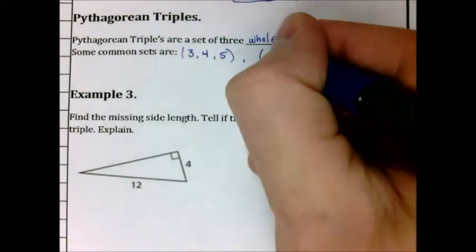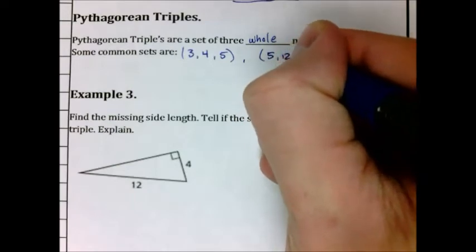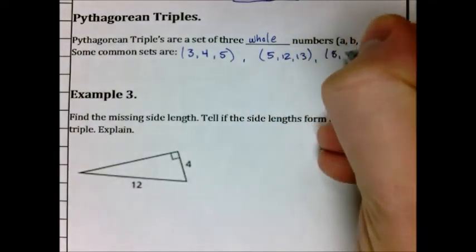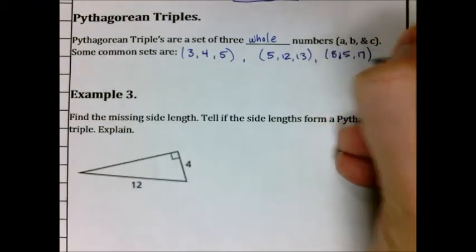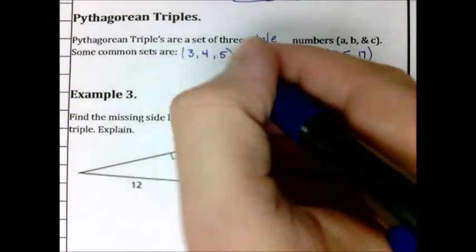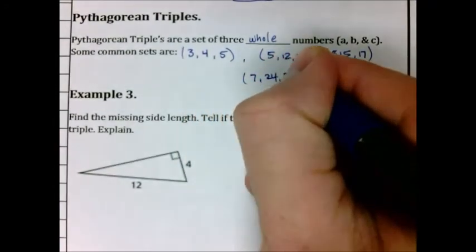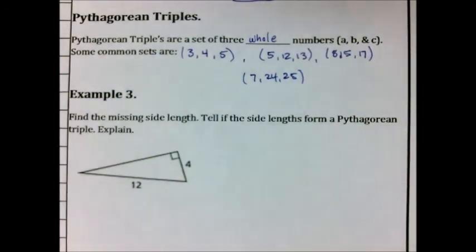Another one of these is the 5, 12, 13. The 8, 15, 17. And I'll throw one more at you real quick, the 7, 24, 25. All those mean is we've got whole numbers.